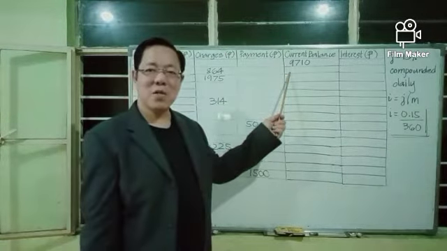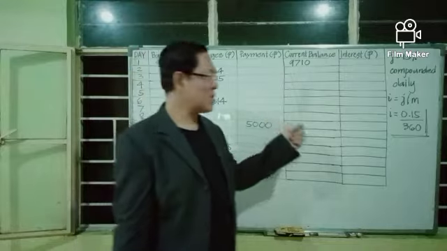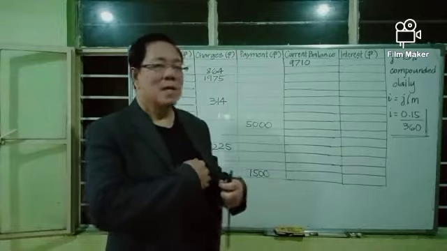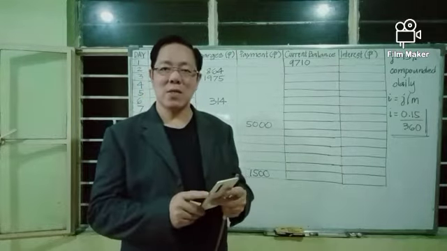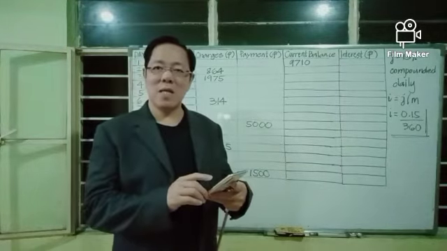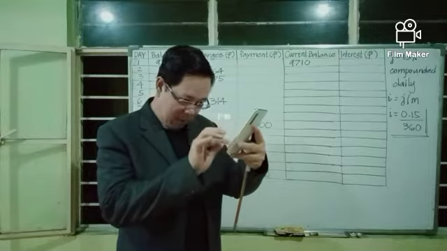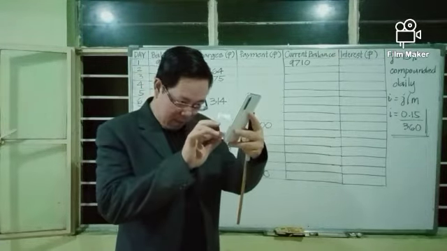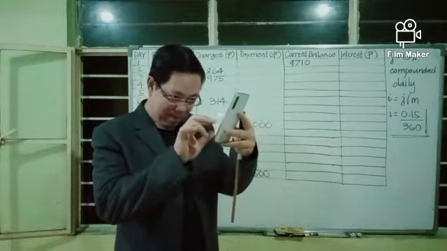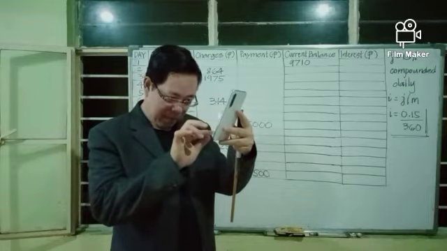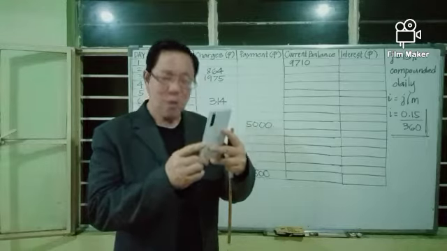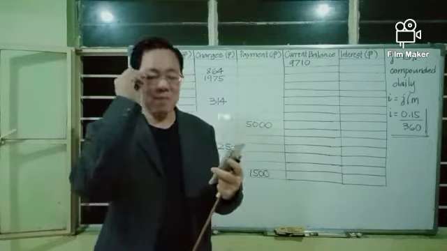So using your calculator, you multiply 9,710 by 0.15 and divide the product by 360, and you round off your answer to 2 decimal places. You should get 4.05.